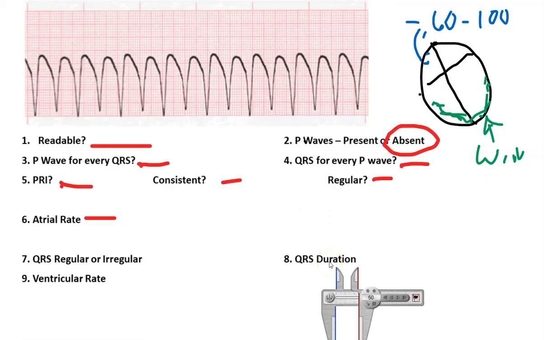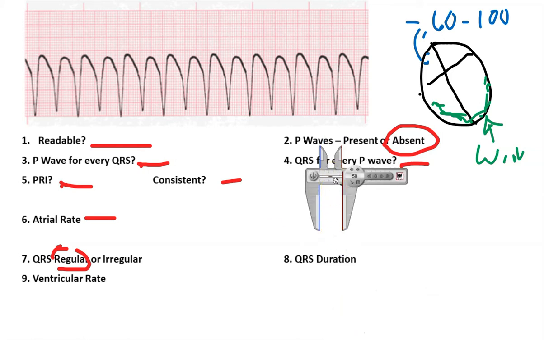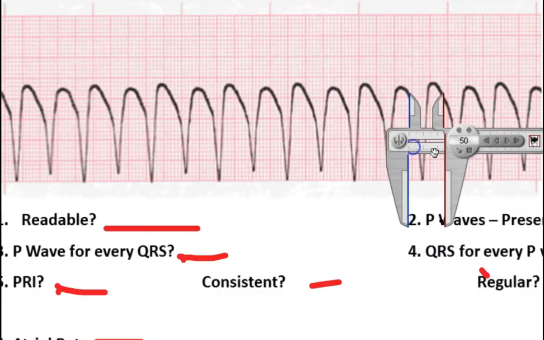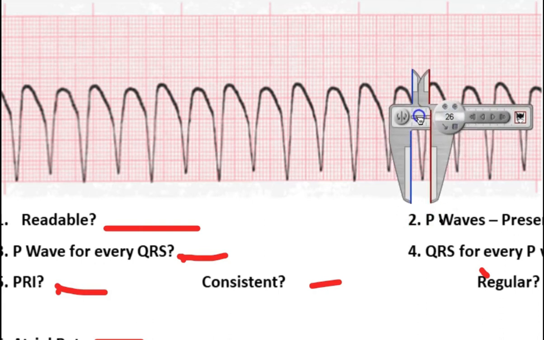So in this case, our QRS is regular. And I'm now going to look at my QRS duration. I'm just going to grab a QRS complex here, and I now start to bring this together, and that looks pretty darn close.